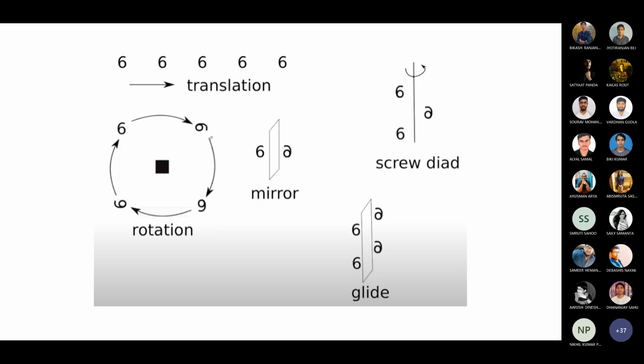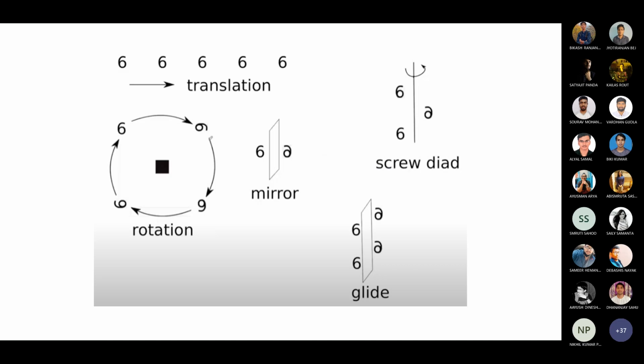Now we should also have a little bit of understanding of the symmetry elements associated with the crystalline metallic system or crystalline material. So what are those? One is translational. If you see that every certain distance things are repeating, you can tell that is a translational symmetry.